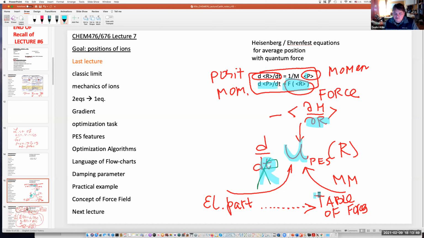And this table of forces is often referred to as force field methods, where one predicts through quantum calculation or through empirical fitting the interatomic forces at each specific distance, and then utilizes it for molecular mechanics or molecular dynamics.